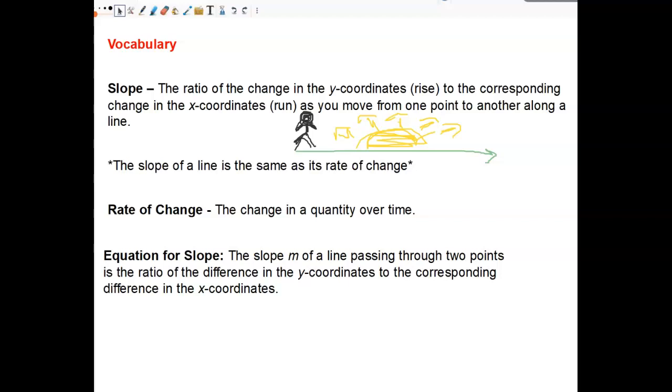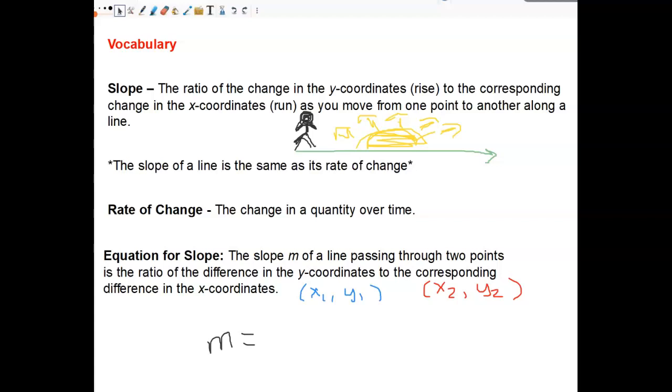The equation for slope comes from taking 2 points. We call those 2 points x1, y1 and x2, y2, and finding the change in their ratios.